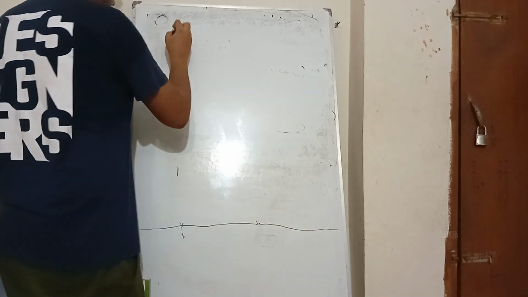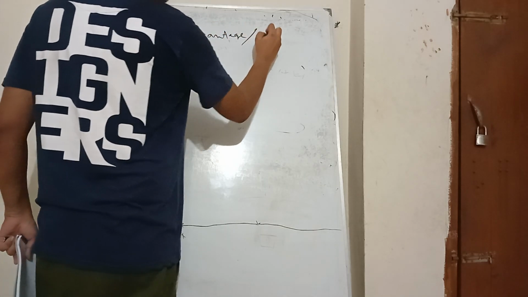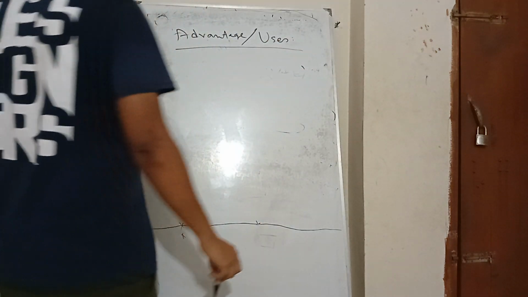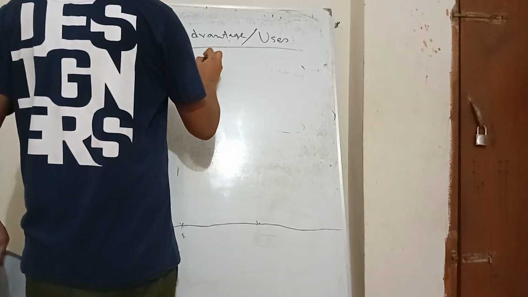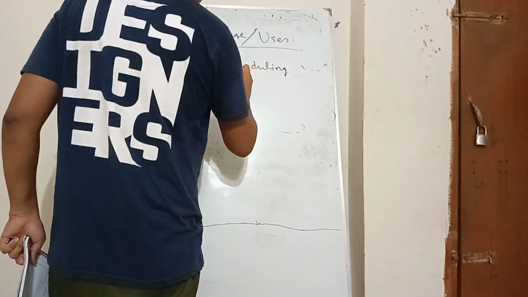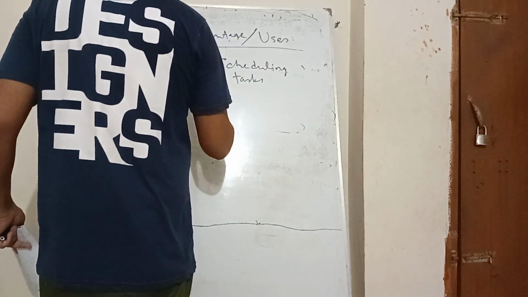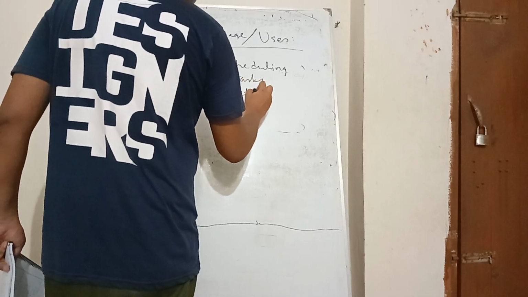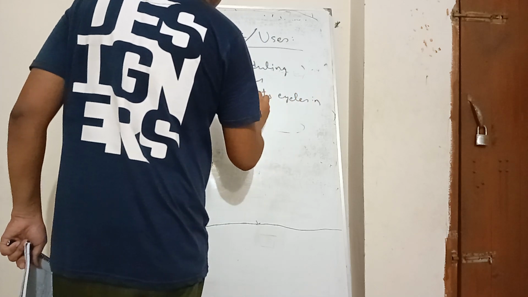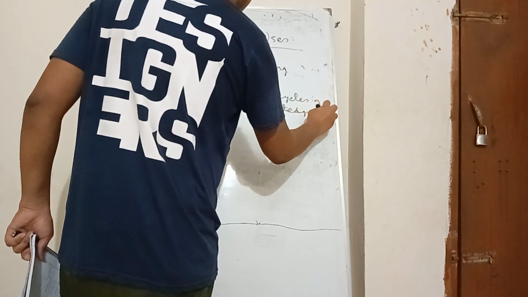Advantages and uses. Why do we use topological sort? It helps in scheduling tasks. It detects cycles in a directed graph.